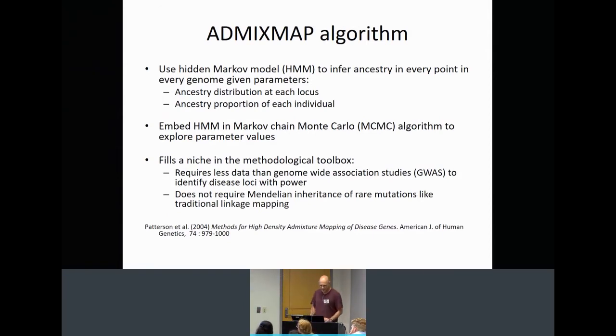So basically, the recent admixture means that relatively long stretches of the genome would be from the same continental origin. And within the HMM, we have an MCMC, so that now relates to my talk from last week.